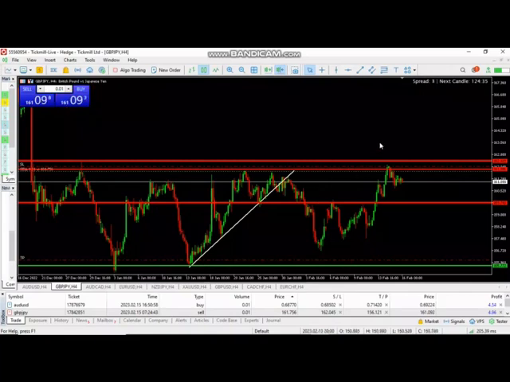Now do remember, big traders or all the traders around the world, they're not just going to get into a trade spontaneously all at the same time. They all mark off these same levels, and at these levels they make their decision upon where they're going to go, what they're going to do.